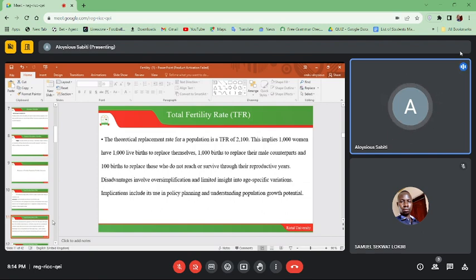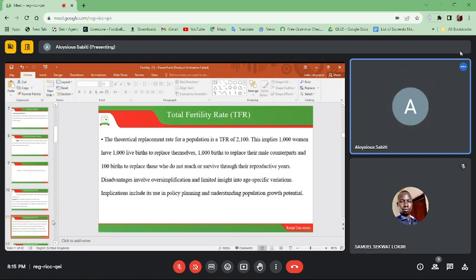So, meaning that the number of women who need to have live births that can replace themselves is 1,000, meaning that one woman is bearing one child. The first child that these 1,000 women give birth to as live births, they are the ones who replace them, meaning 1,000 women and 1,000 live births.